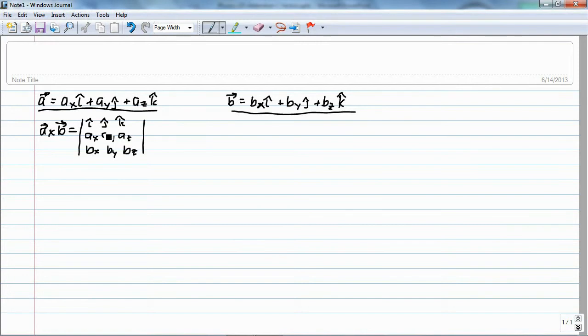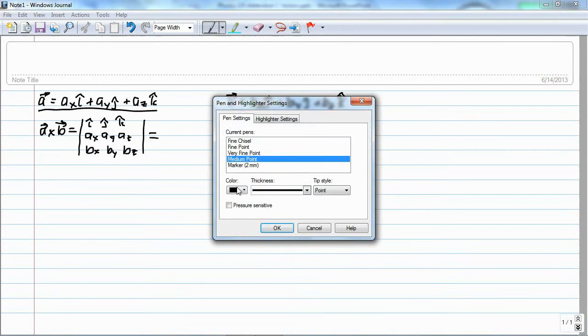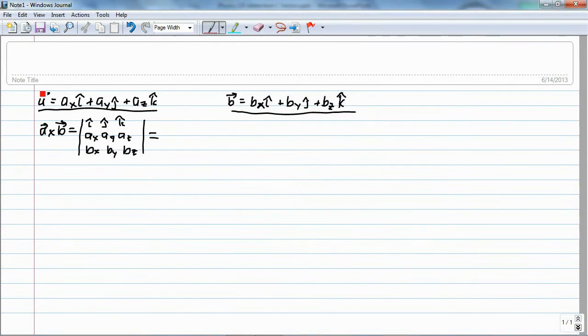Now, we would solve this just like treating this as a regular matrix and finding the determinant, and we can do that by cofactors. Let's do another color here. Let's do red. So for this i component, we're going to take the determinant of these four values.